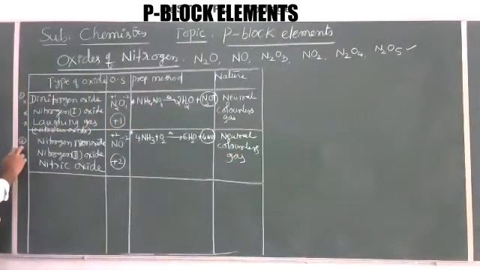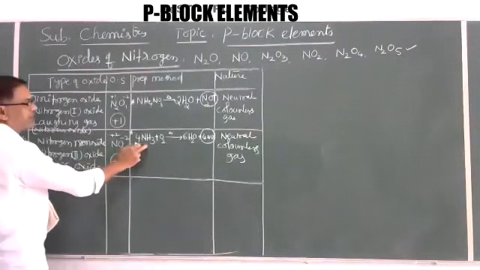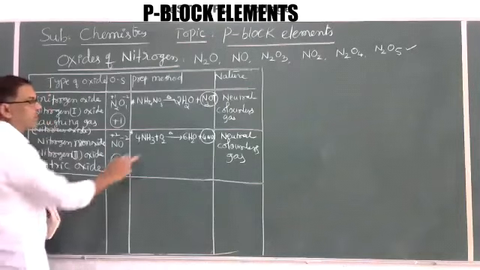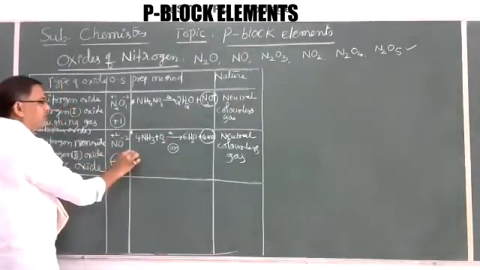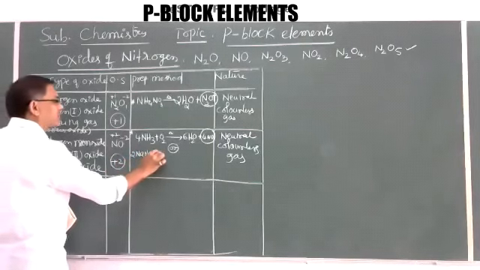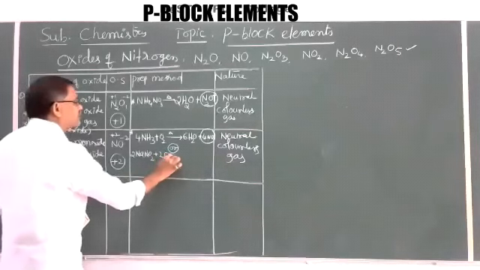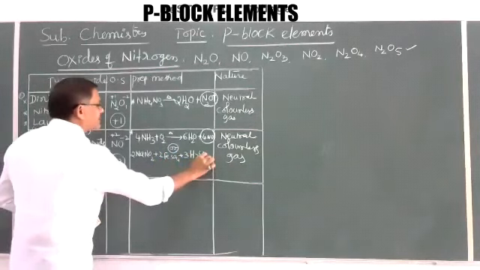So the second one is nitric oxide, oxidation state is +2, and it is prepared by using ammonia gas and oxygen. It is also prepared by using 2 moles of sodium nitrite plus 2 moles of FeSO4 plus 3 moles of sulfuric acid.